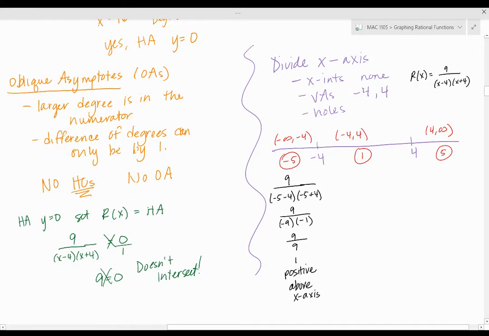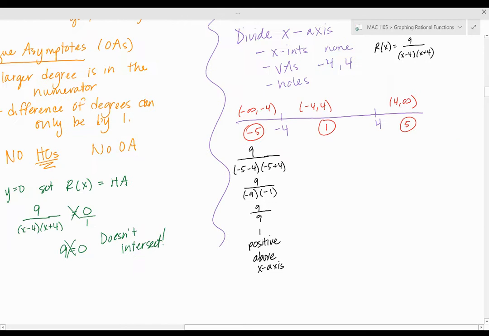Now I'm going to do the exact same test for my other two intervals. So this one, I got a negative number. Because it's negative, I'm below the x-axis.